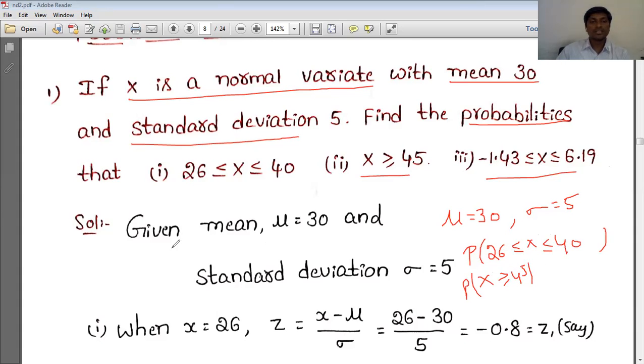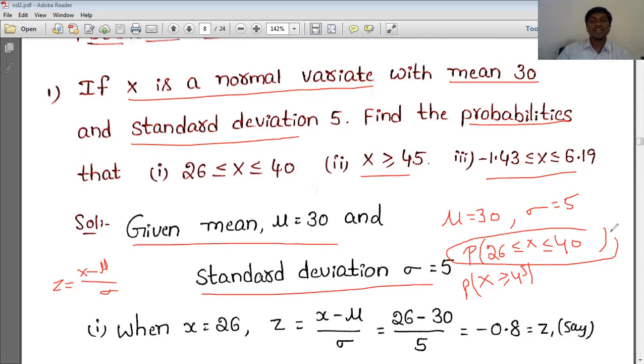So first we wrote the information given in the problem. Immediately you need to write the change of scale for the normal: z equals (x minus mu) by sigma. This is step 2. Then we need to check case 1 or case 2. So this is x1 and this is x2, right?